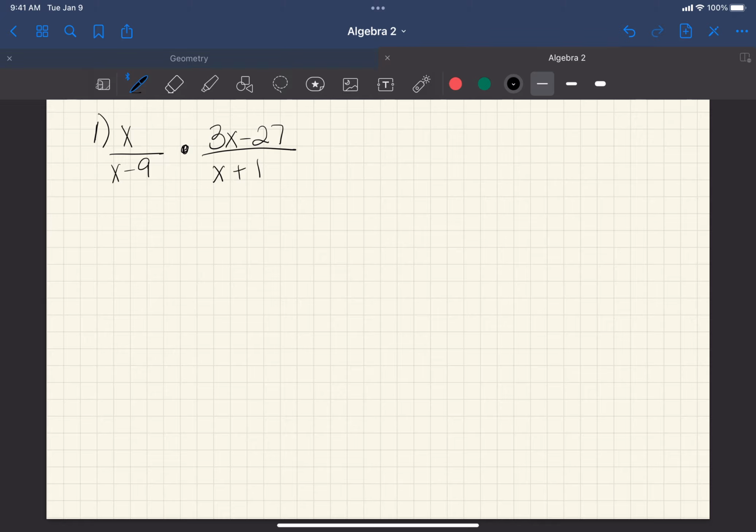And the second problem, which is going to be a division problem, is x plus 11 over 4x divided by 2x plus 6 over x squared plus 2x minus 3. Okay, so those are your two problems that are going to be due at the end of the class.